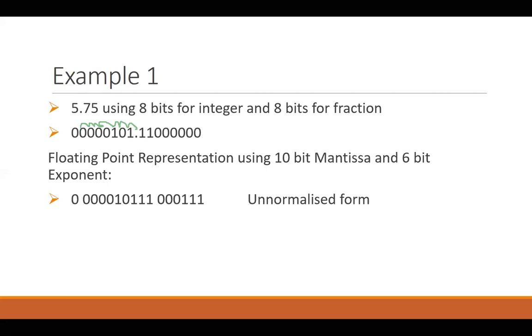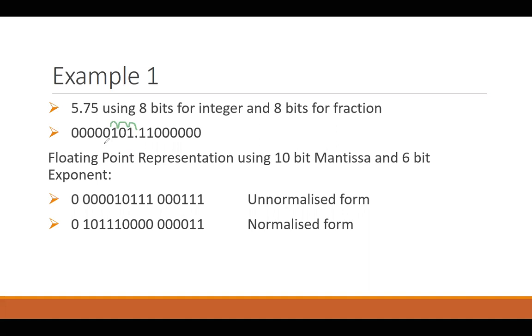Now to write this in a normalized form, what we are going to do is shift our binary point to where the first pair of alternating bits is located.